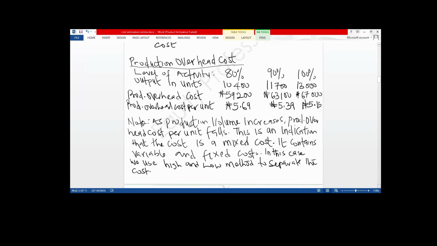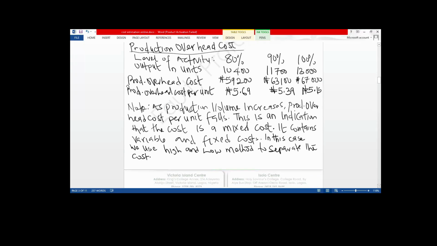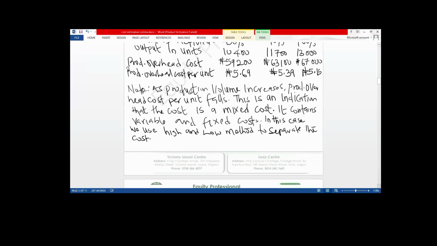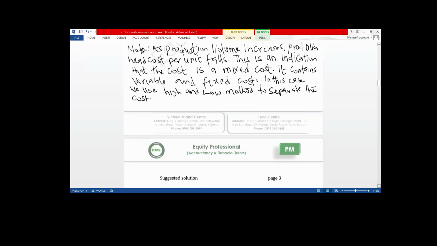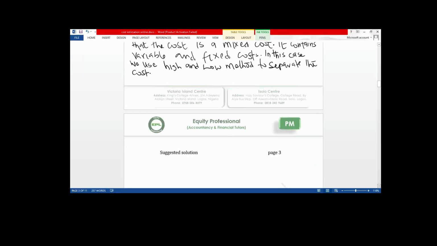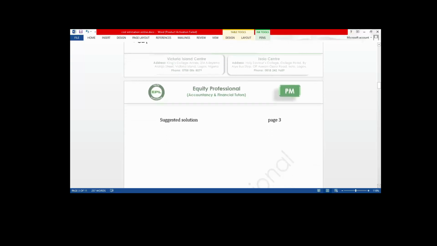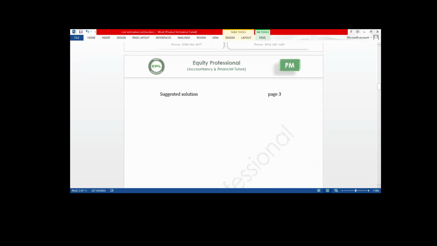How do we separate this cost? We can use the high and low method. That will be done now. We move to page 3.